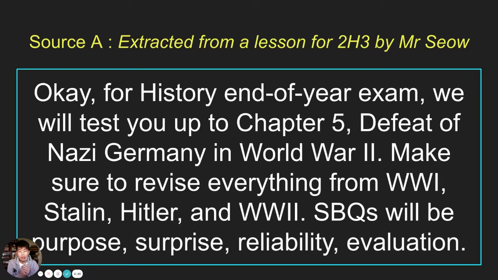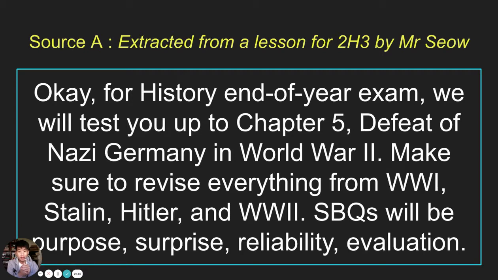Please get a post-it, and we will write the message of the source coming up. Source A, extracted from a lesson for 2H3 by Mr. Seow. That's the provenance. And the source says, okay, for history end of year exam, we will test you up to chapter 5, defeat of Nazi Germany in World War II.